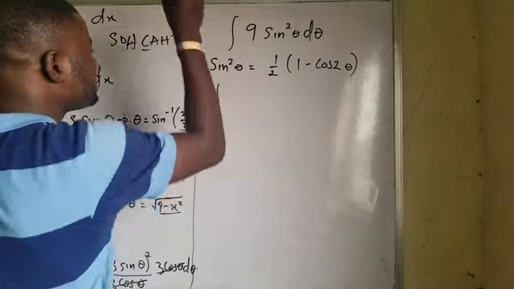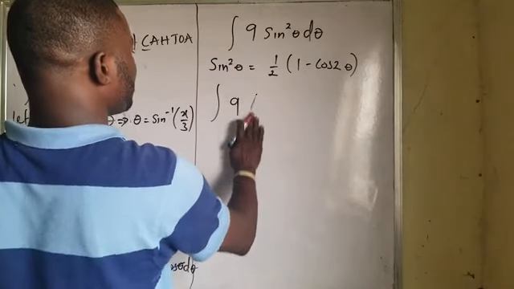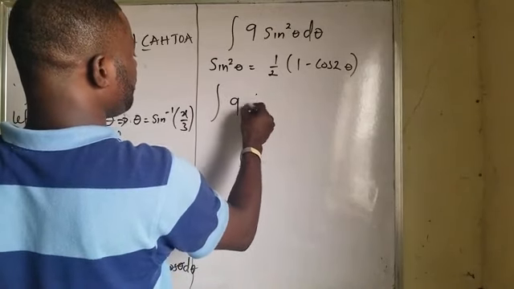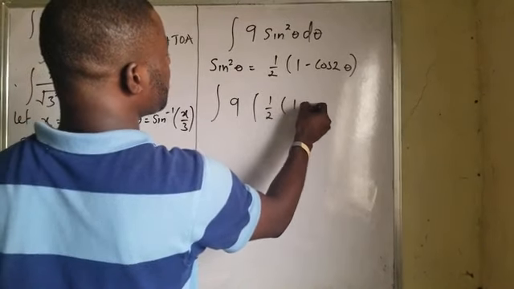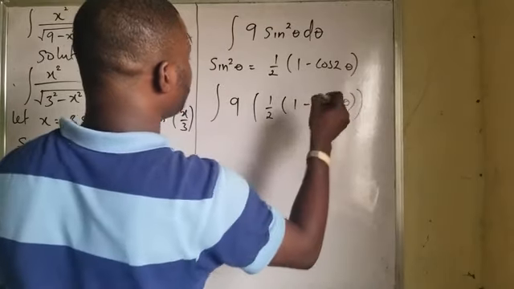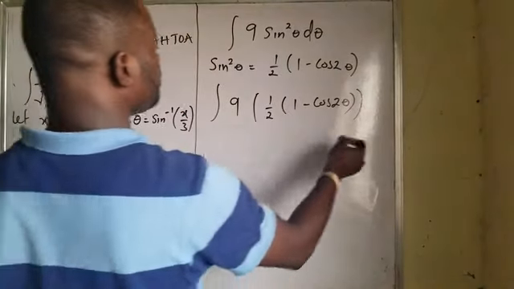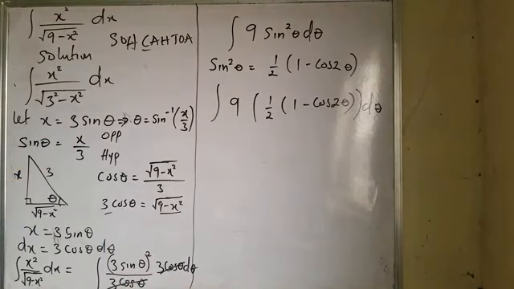So I can write the integral of 9, bracket of 1 over 2, bracket of 1 minus cos 2 theta, close the bracket, d theta.